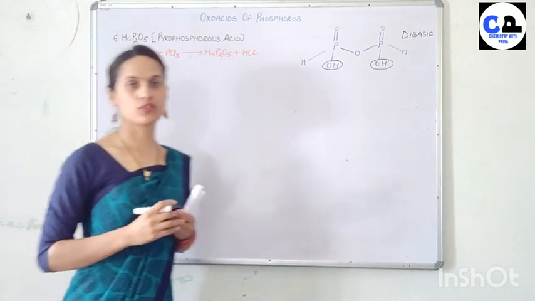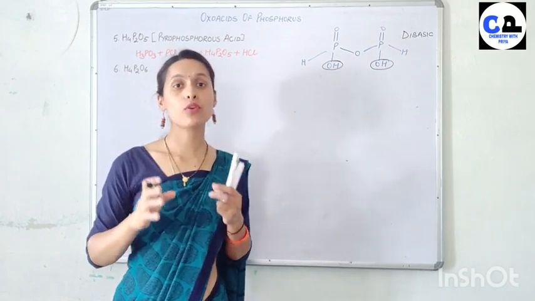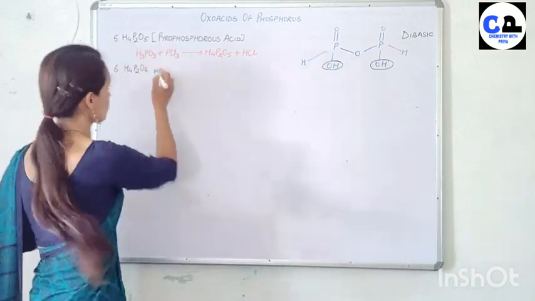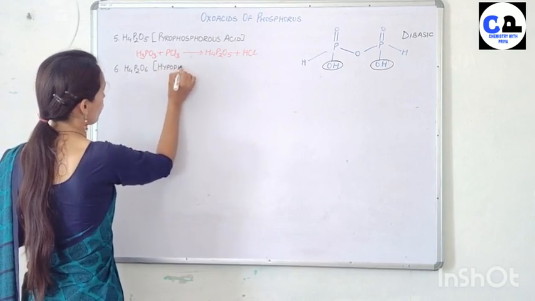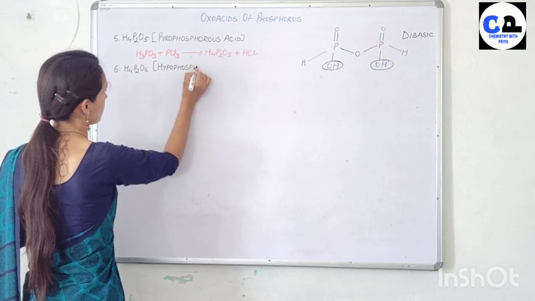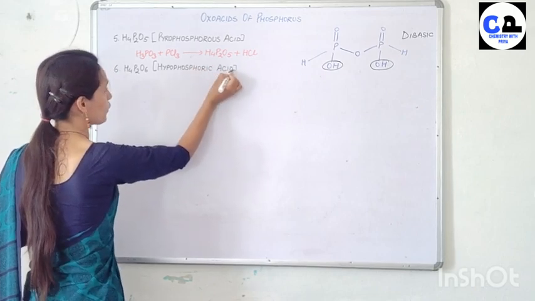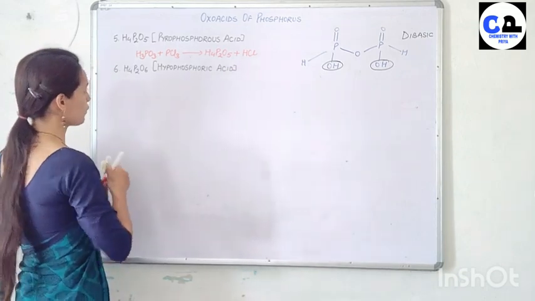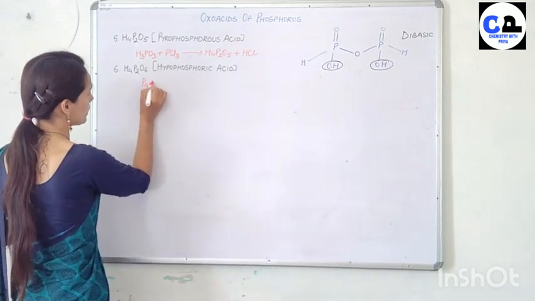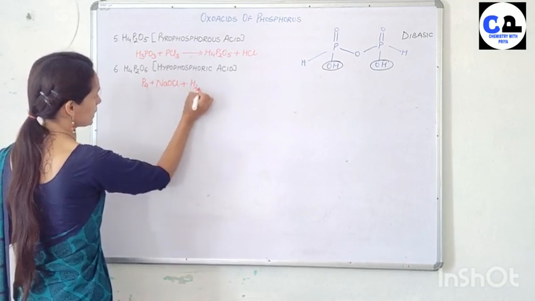H4P2O6, that is known as hypophosphoric acid. Now, this hypophosphoric acid is prepared by treating white phosphorus with aqueous solution of NaOCl.